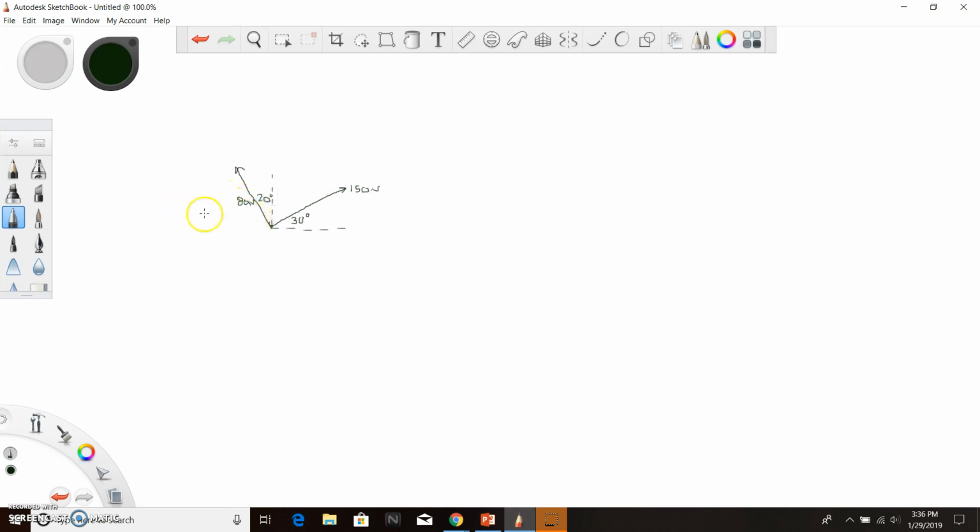F3 is, lucky for us, pointing straight down along the negative y-axis. That force has a magnitude of 110. And then we've got one more that is 100 newtons at a negative 15 degrees. Okay, and we will start right there on the next video.